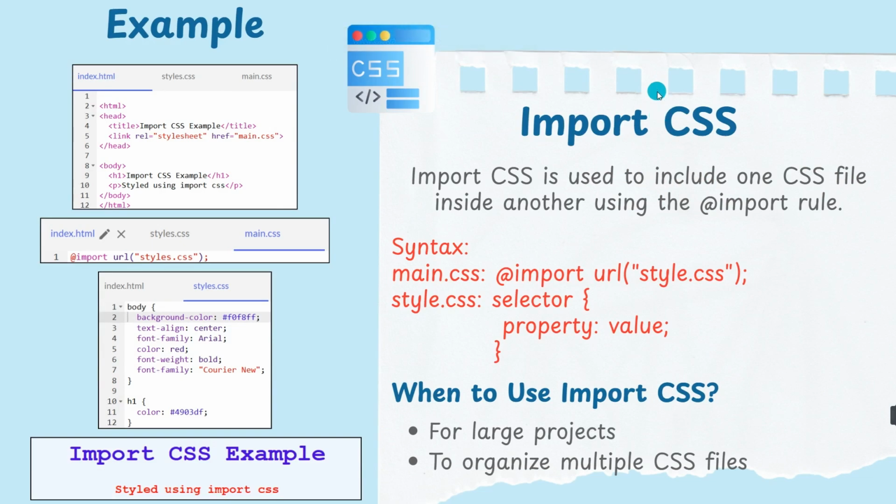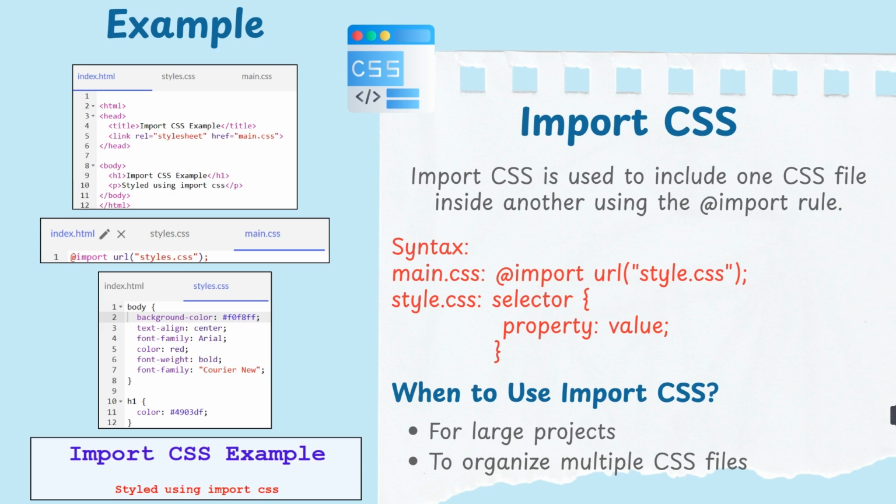Import CSS is used when you want to include one CSS file inside another CSS file, using the import rule. I have already created the external_css file. I want to create one more CSS file and, in addition, use the earlier CSS file as well.